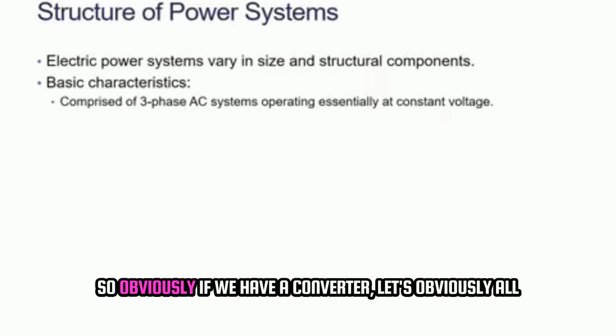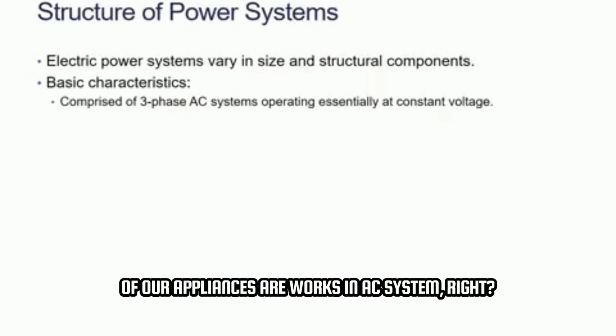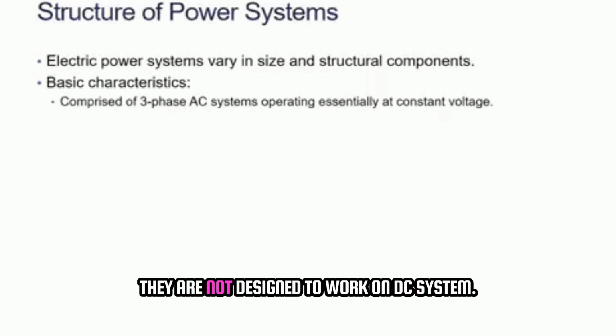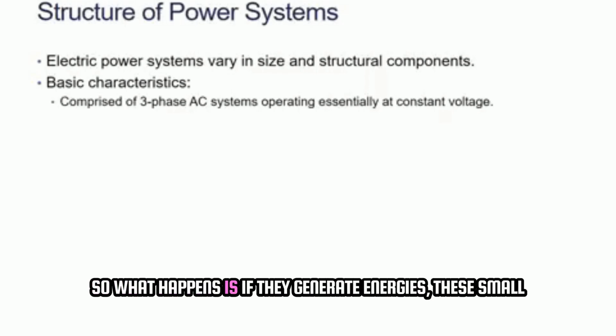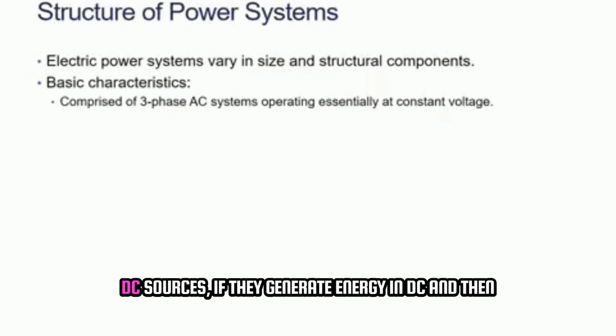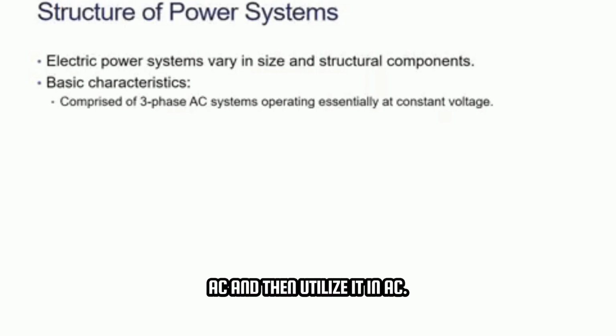Obviously all of our appliances work on AC systems, they are not designed to work on DC. So if these small DC sources generate energy in DC, to utilize that energy we need to convert it into AC and then use it.